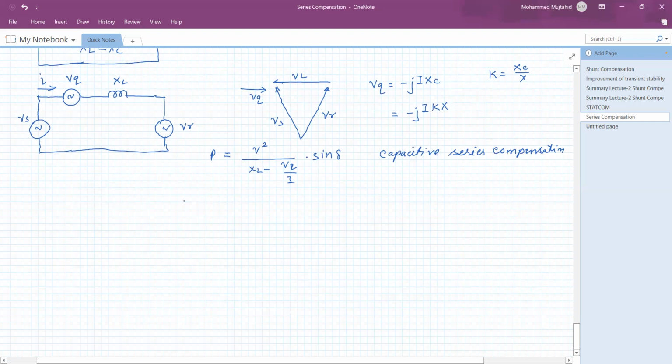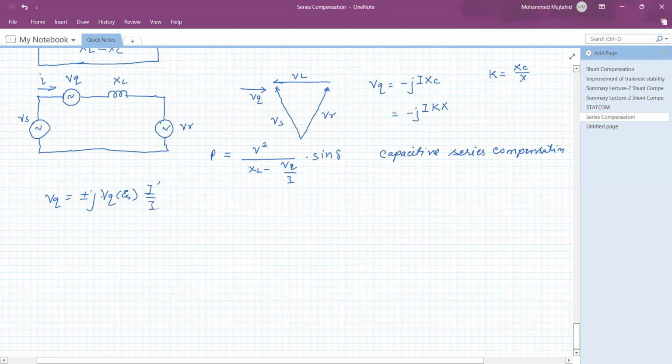So this can be represented, in the generalized equation, VQ is equal to plus or minus J VQ with the function of zeta, the operating parameter, into I upon the magnitude of I.